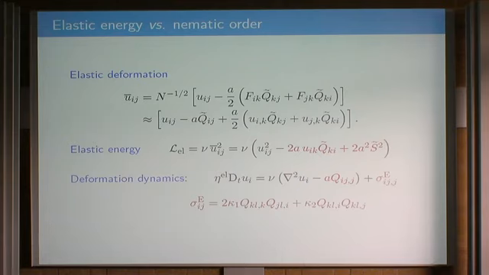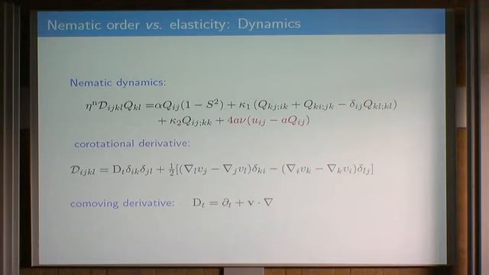We really included it in computation at some stage, and it has no effect at all. And now nematic dynamics. When we compute nematic dynamics, we also have to obtain a term that comes from the elastic energy. And so it comes here, and so it includes elasticity.